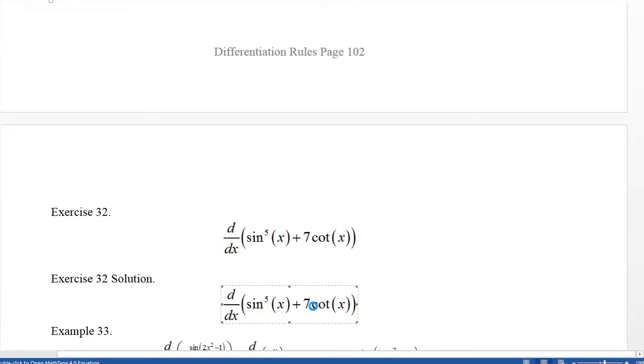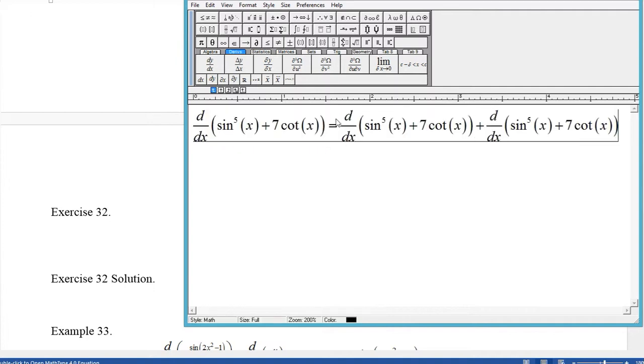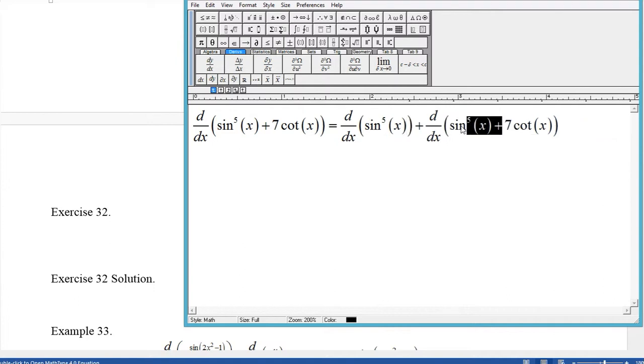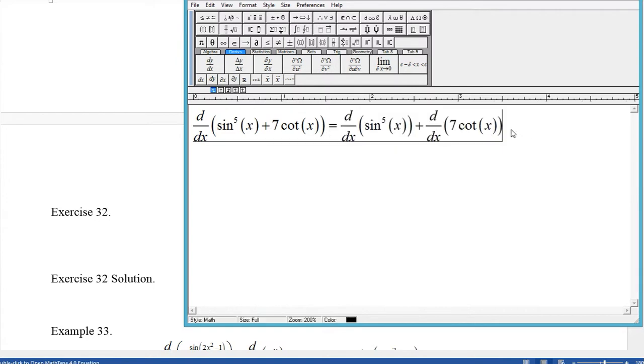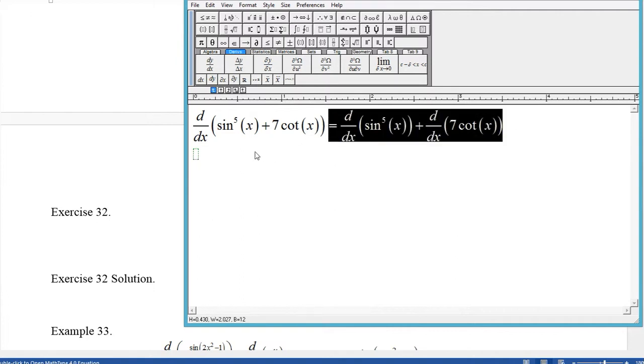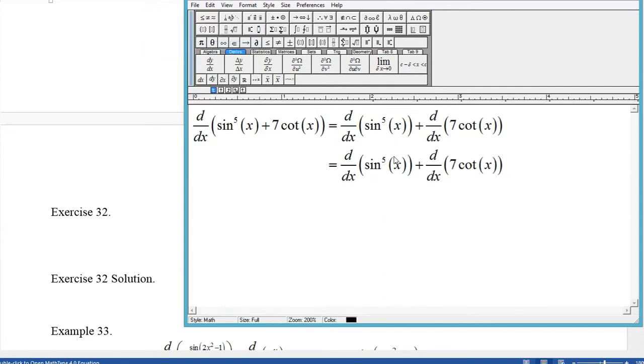Okay, so we have this. The first thing is it's a sum, so we're going to think of it as the sum rule. So it's the derivative of the first part plus the derivative of the second part. Now, this is u to the 5th.